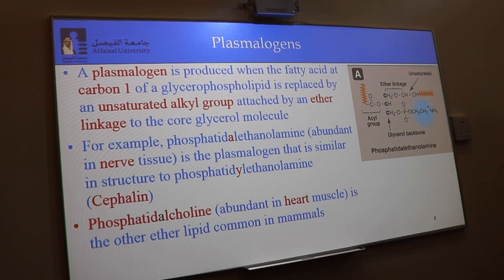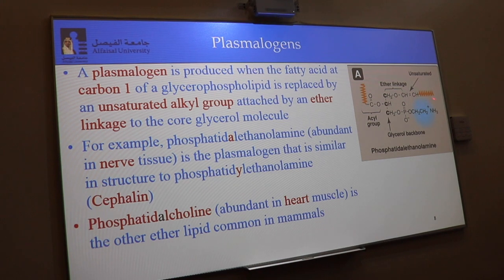Now sometimes, just to finish this idea, in some reference books they call it phosphatidyl ethanolamine plasmalogen. They add plasmalogen instead of changing this letter. Yes? Does the plasmalogen still have the non-polar property that the regular phospholipids have? Yeah, they do. This is a good question. Thank you for asking this question.